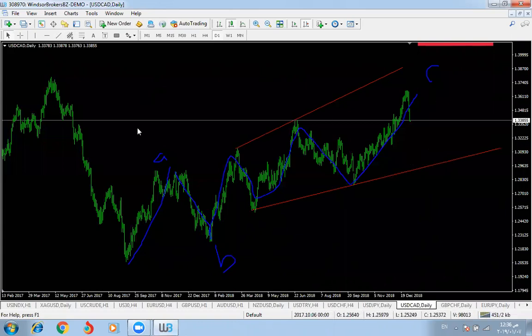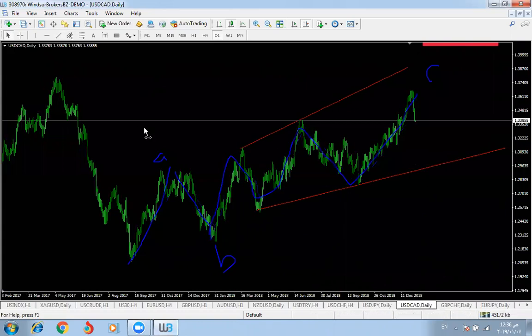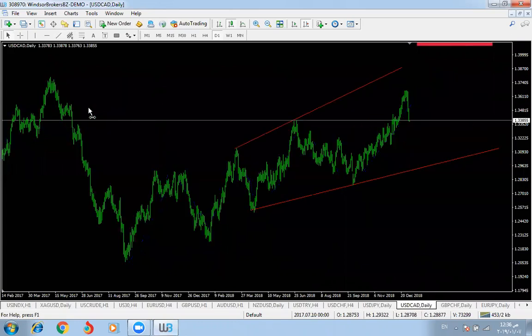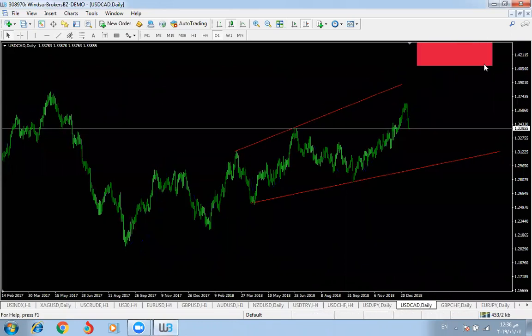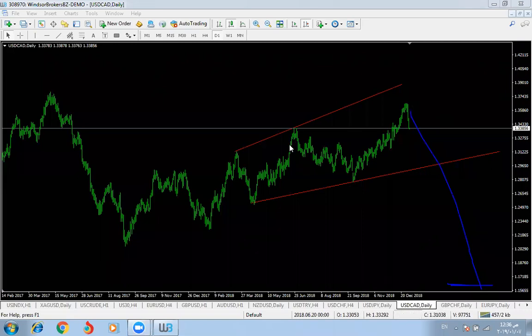So we have to see the Canadian dollar gaining more strength. Our next trade for the dollar is a movement to the downside to around this area.